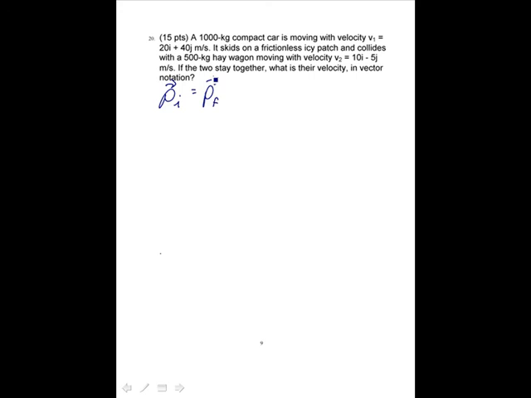My Pi is the mass of the car times v1 plus the mass of the wagon times v2, and that's equal to, these are all vector quantities, the mass of the car plus the mass of the wagon, because they stick together, times Vf. What is Vf? Let's put in some numbers.